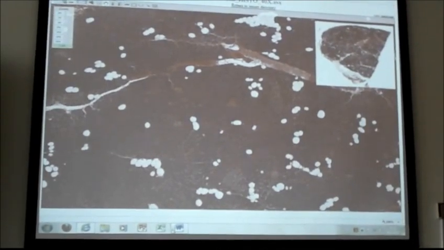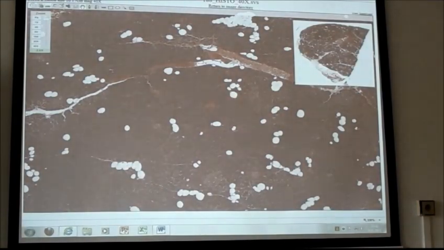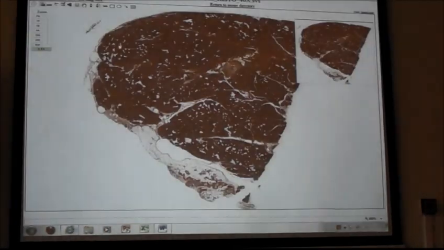In the microscope, I will just show you once more what I was talking about, the mucosa and submucosa. So let's try it once more.